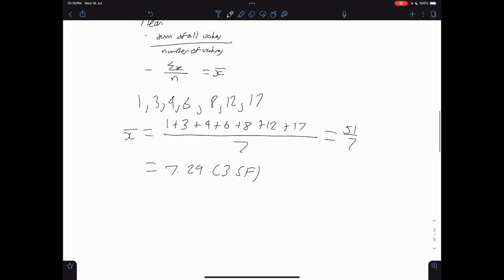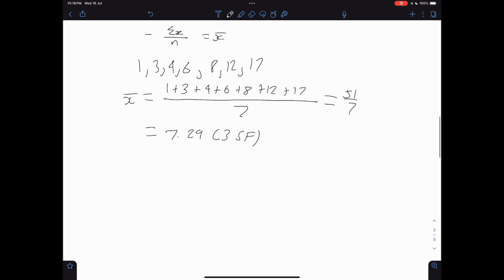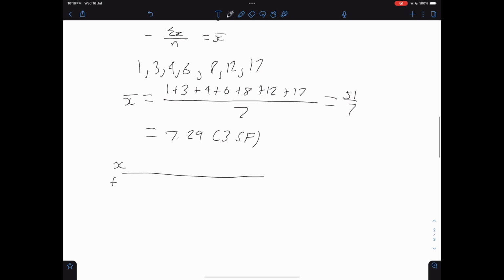And then also, if you get it in a table of x and then your frequency, and you say 1, 2, 3, 4, 5, with frequencies 2, 1, 5, 0, 7.